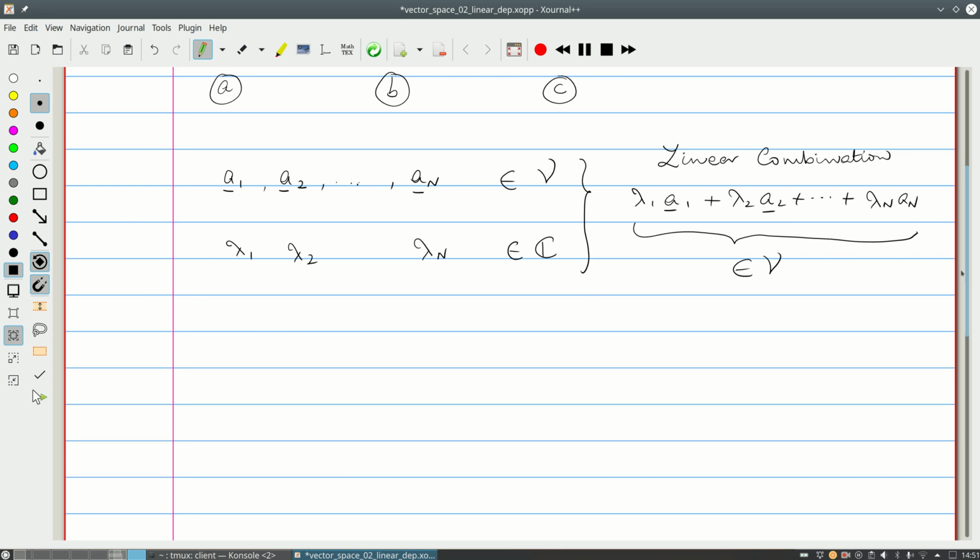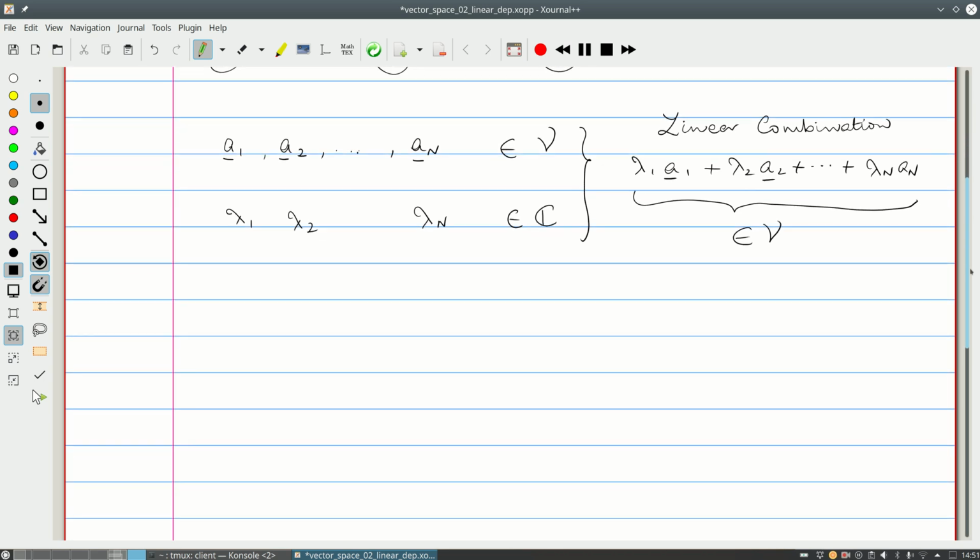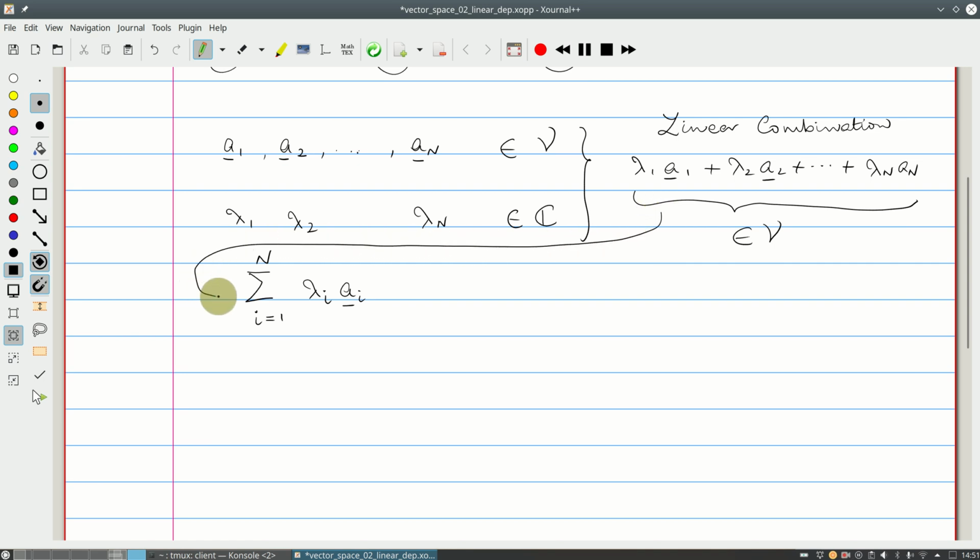So let's write down this linear combination in a short form first. We can write this new vector as the sum, i goes from 1 to n, of lambda i times ai. That's a short form for this thing here.